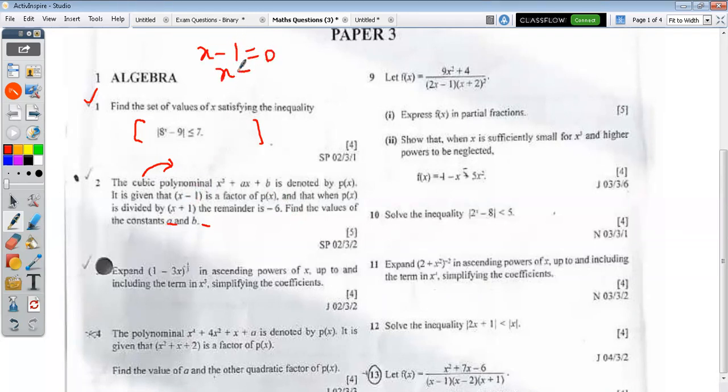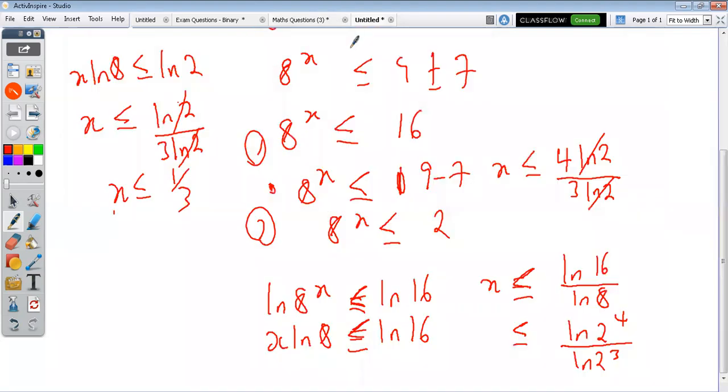So if x minus 1 is a factor here, it means x minus 1 is equal to 0. It means x is equal to 1. What it means is, if I plug in x is equal to 1 here, I should get 0. Do you agree? Because this is a factor here. So if I plug x is equal to 1 into this p of x, I should get 0.